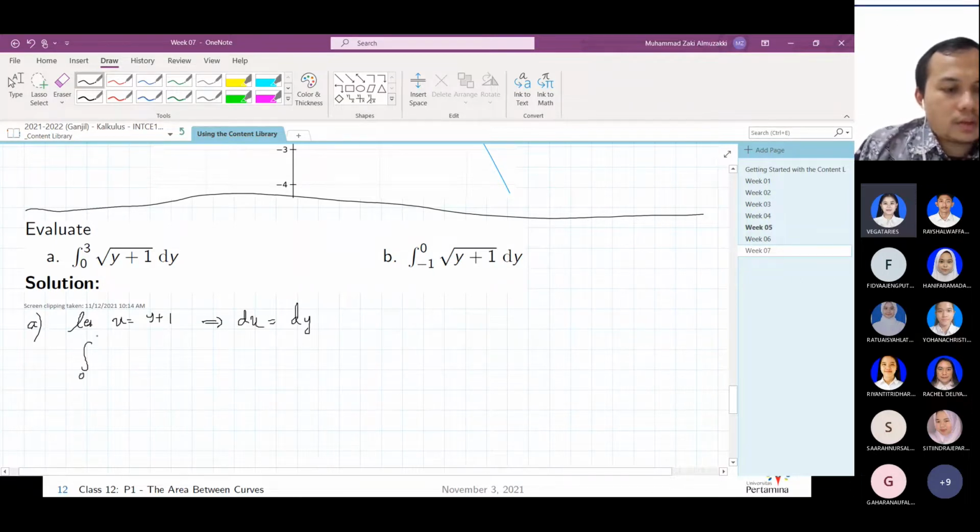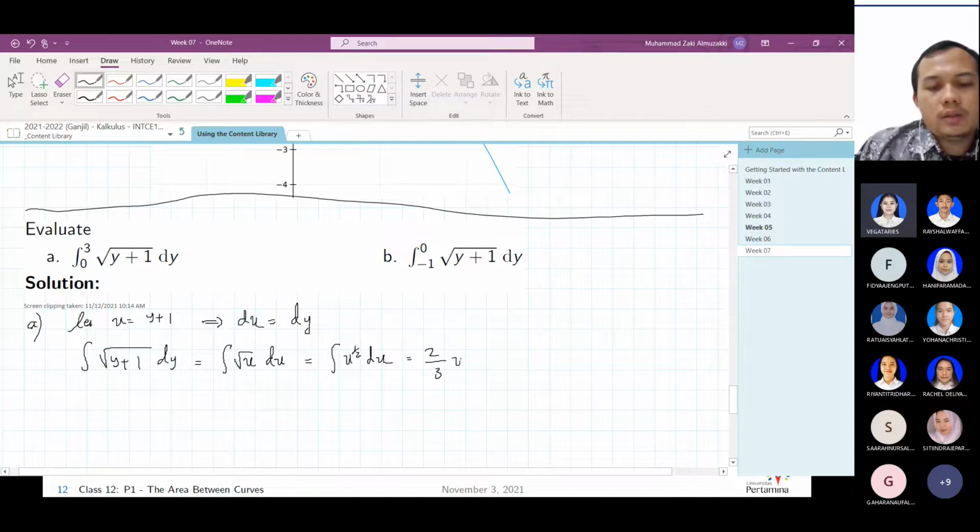So the integral from 0 to 3, without the limit first, of square root of y plus 1 dy is actually the integral of square root of u du, which is the integral of u to the power half du, which is 2/3 u to the power 3/2 plus c, which is 2/3 square root of y plus 1 to the power 3.